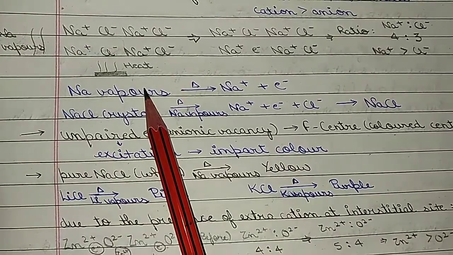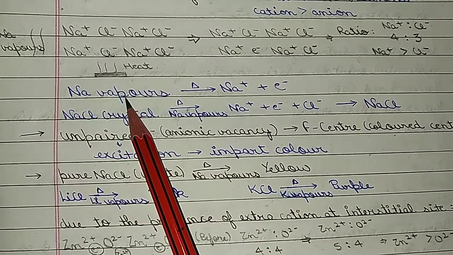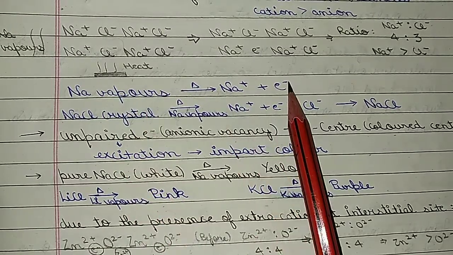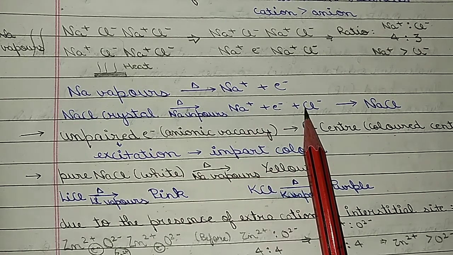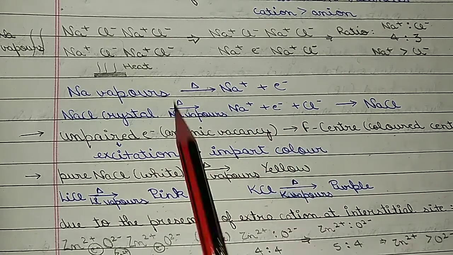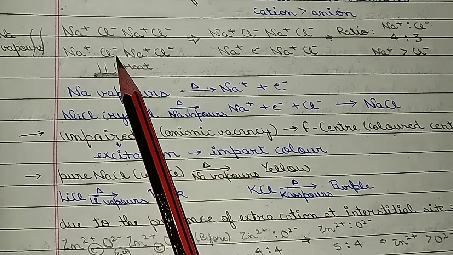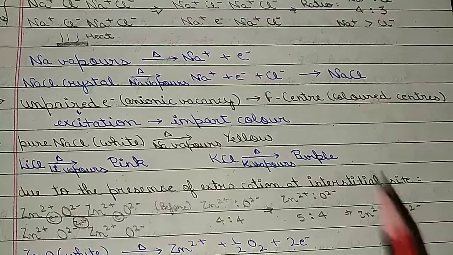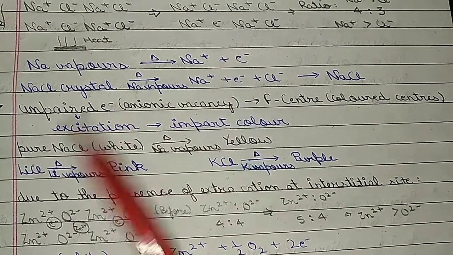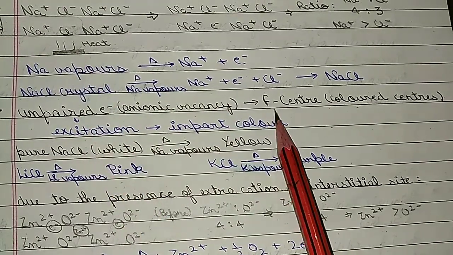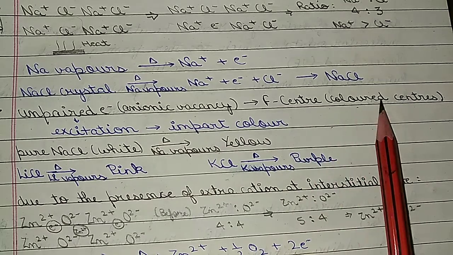The sodium atom which was present in the form of vapor loses its electron and reacts with the chlorine present in the crystal, and the vacancy which was created is occupied by the electron. So this unpaired electron which is present at the place of anion vacancy is also known as F-center or colored center.